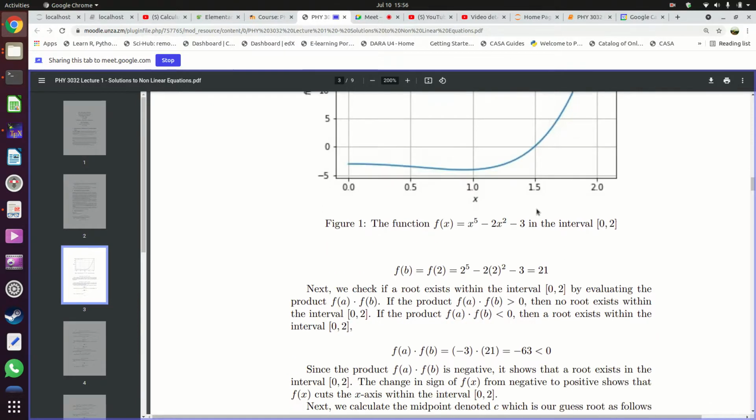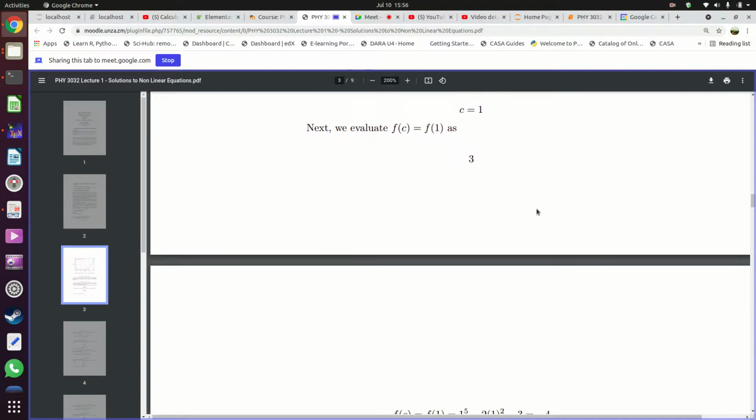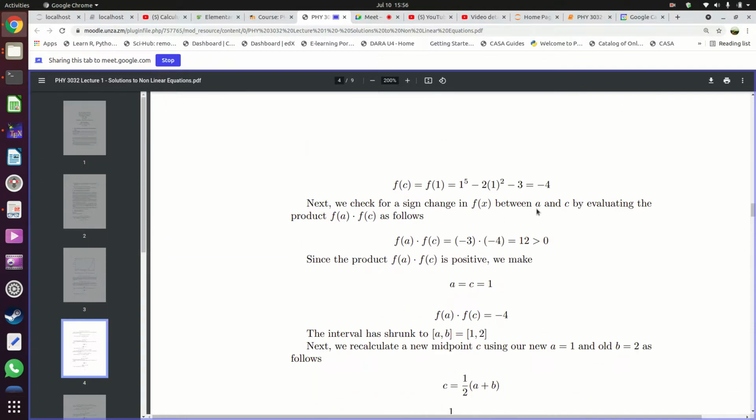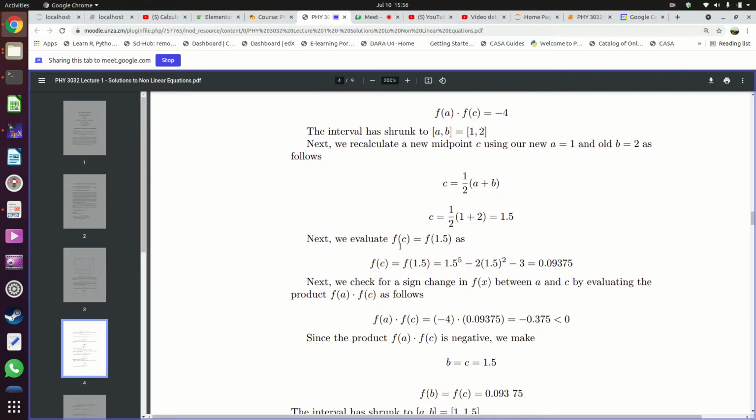So for us to do that check, we need to find out what the value of f of C is at 1.5. So f of C is equal to f of 1.5, that's 1.5 to the power 5 minus 2 times 1.5 to the power 2 minus 3, which gives us this value here, 0.09397.